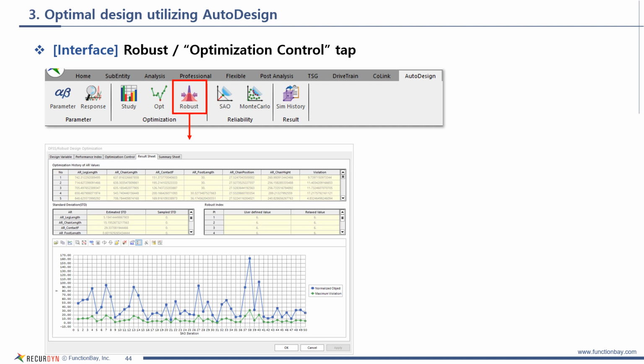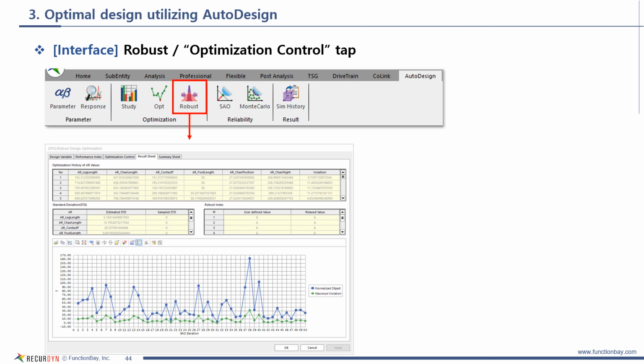In the robust index, the user-defined value is the value input by the user, and the relaxed value is the robust index value applied to the final converged model. If there are no design variables that satisfy the performance index within the input range of the specified deviation in AutoDesign, the robust index is adjusted to proceed with the optimization.